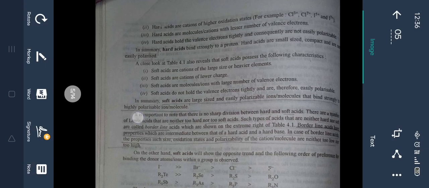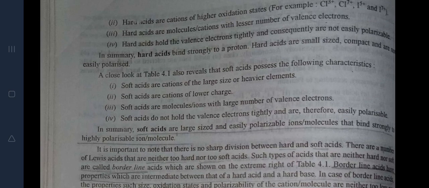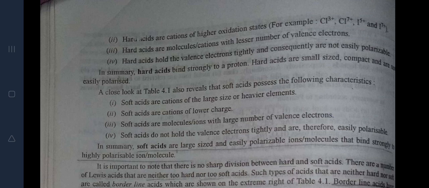Hard acids are cations of high oxidation state, for example Cl3+, Cl7+, I5+, and I7+. Hard acids are cations with a lesser number of valence electrons.